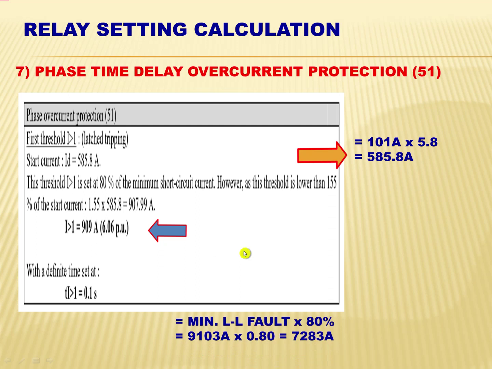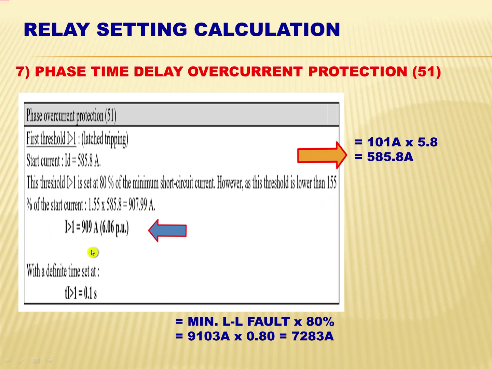In comparison to the 80% of the minimum line-to-line fault, we have here 7,283 ampere. But we cannot utilize this because we're not going to wait for the short circuit current to go up this high. So we are going to select a lower value, which is the 155% of the starting current.